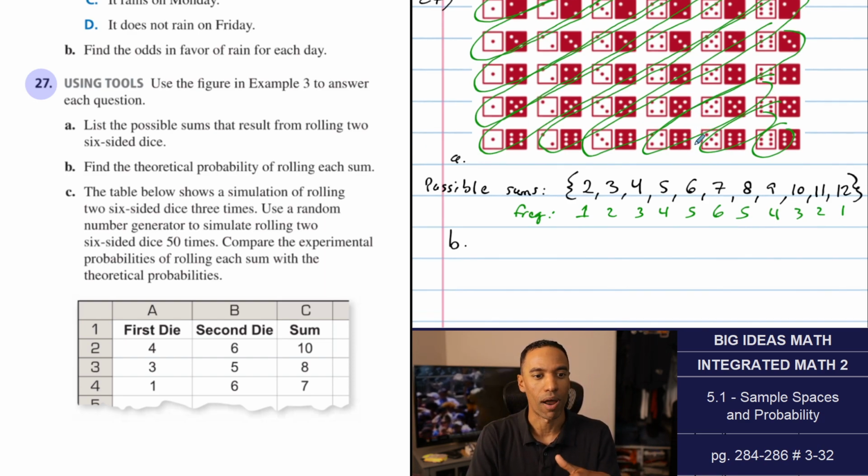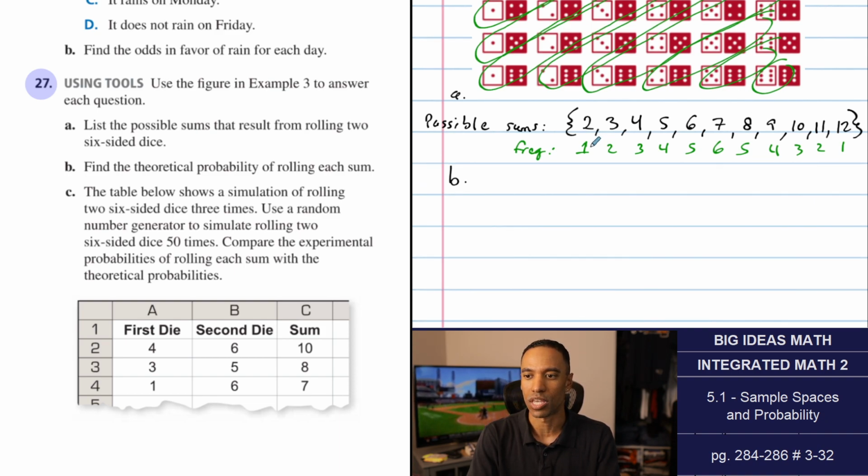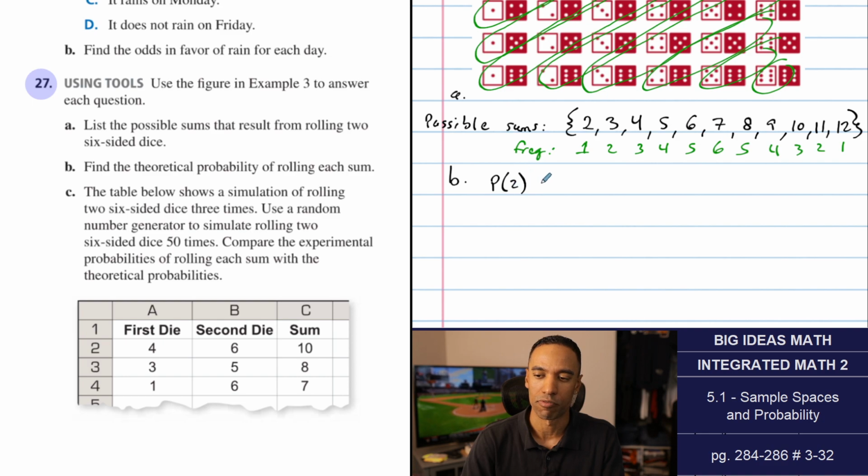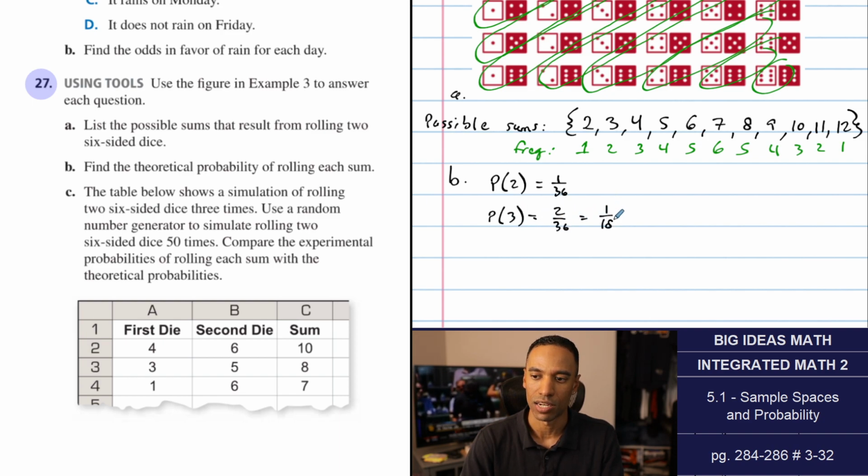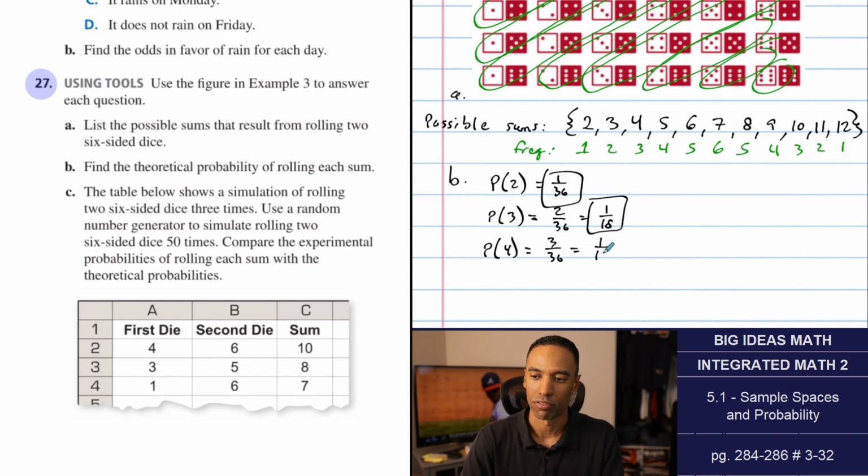So what did they say? Find the theoretical probability of rolling each sum. Now that we have the frequency, out of 36 of them, the probability of getting a sum of 2 is 1 out of 36. Probability of 3 is 2 out of 36, or 1 out of 18. I'm going to leave them as fractions, by the way. Probability of 4 is 3 out of 36, or 1 out of 12.